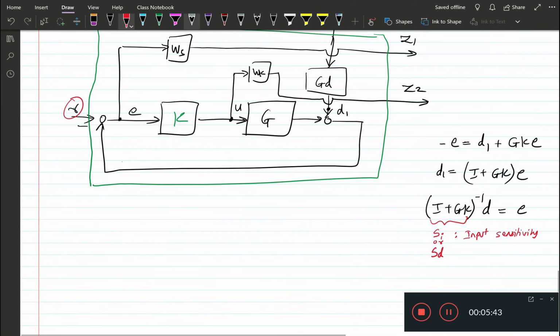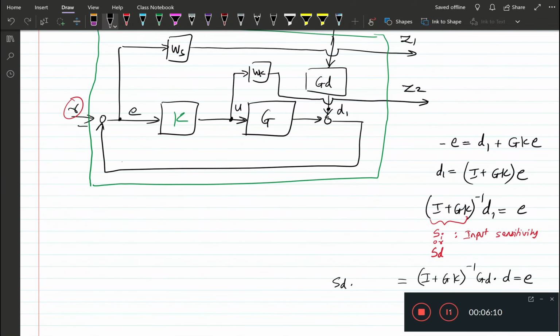So that's the transfer function from D. Oh, sorry, this was from D1. So I started with D1, I should stick with D1. And now from D to D1 is just GD. So we would have then (I plus GK) inverse GD times D is equal to E. And let's then call the first one SD.